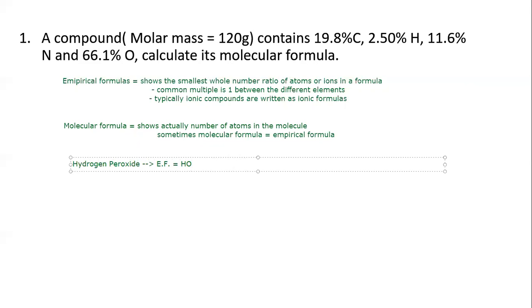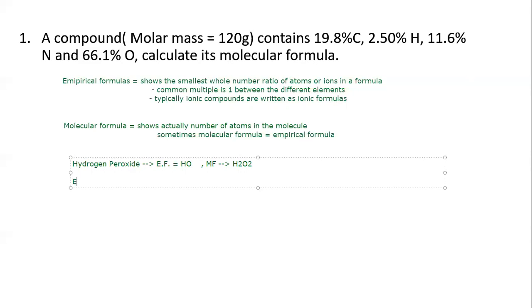However, its molecular formula is H2O2. So you see the difference. Now we're showing you the actual number of atoms in the formula. And so it's just one step to go from empirical formula to molecular formula when we work these problems. And we'll explain that step when we work through the problem as well.